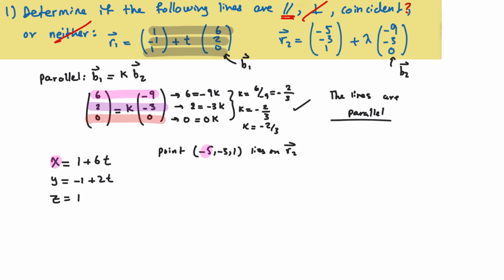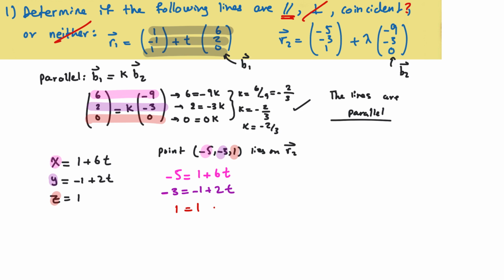So the x, y, and z values. For x, the x value is -5, and we want to see the t value for which that's equal to 1 plus 6t. For y, the value is -3, and we want to see for what t value that is equal to -1 plus 2t. And for z, the z value is just 1, which is equal to 1.